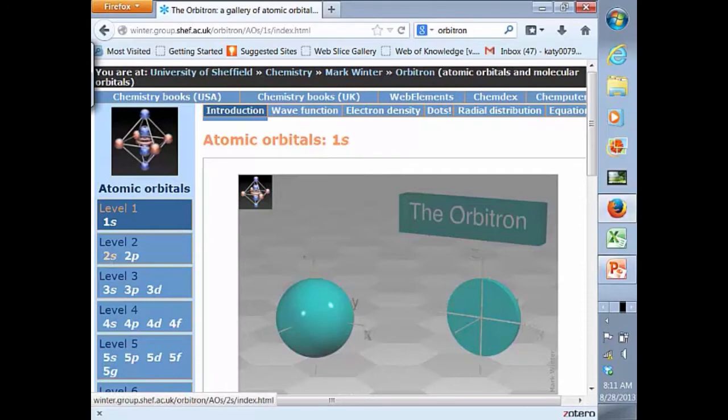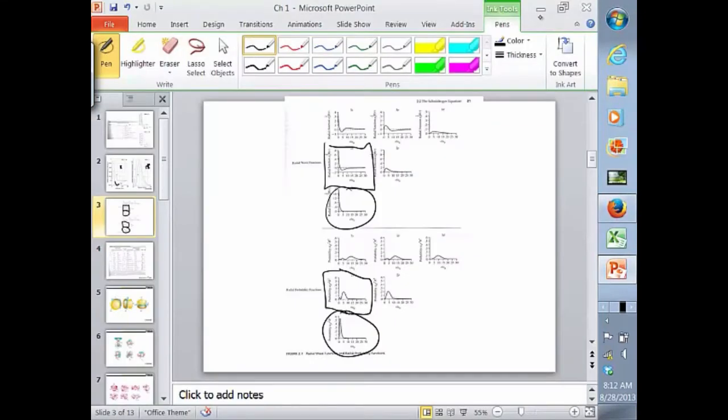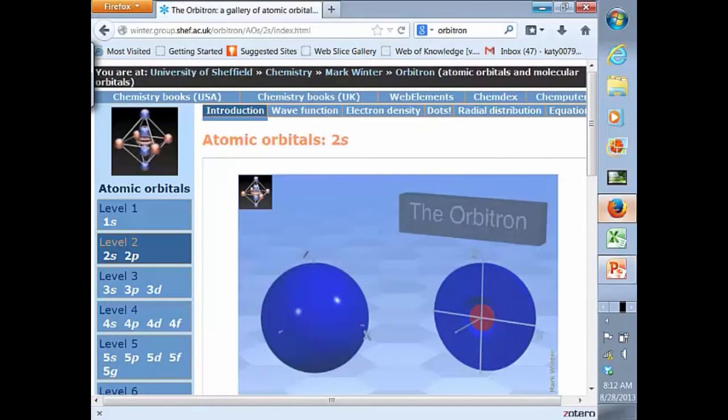But if I look at the 2s orbital, it's a sphere inside of a sphere. So the radial node here, where the red is turning to blue, is basically the same as this node. Okay? So what I'm showing you here is a 1 or 2 dimensional graph, and then on the Orbitron website we see the 3-dimensional version of that.